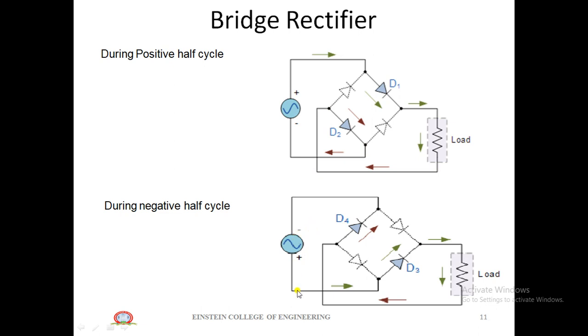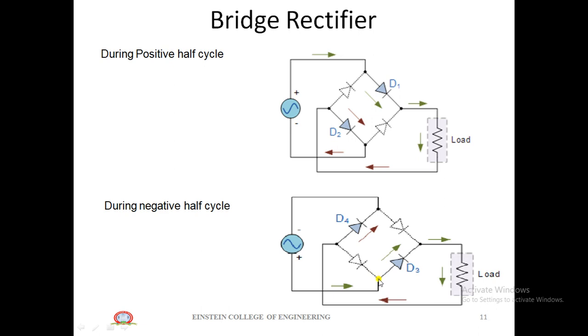So the positive side is now connected to this point, and the anode of diode D3 is connected to the positive. So D3 is forward biased and it is on, and D2 will be reverse biased.